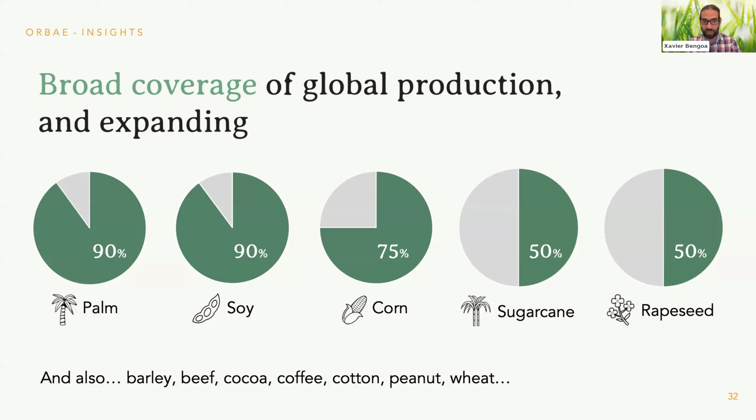In Orbe, you will find about 90% of palm and soy production, three quarters of corn, half of sugarcane, half of rapeseed, and some sample data for other crops like wheat, barley, cocoa, coffee, and cotton, for instance, and expanding. So the goal is really to get to a point where we have global coverage of all of the major commodities in different sourcing regions, because the patterns of land use change vary drastically.